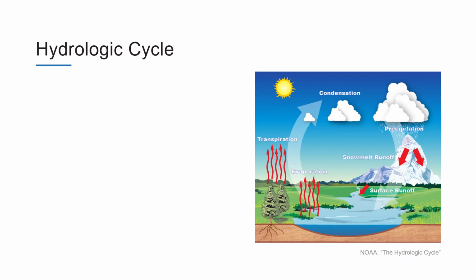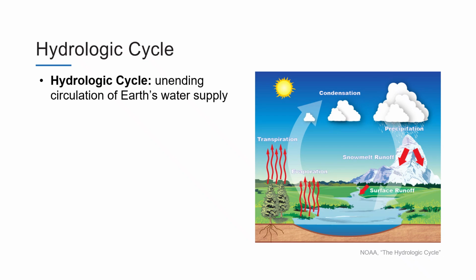So now that we know more about how water works on a really small scale, we can zoom out to how water works in the environment and how it interacts with the atmosphere. We call this interaction the hydrologic cycle, or the unending circulation of the water found on Earth. As we see in the bottom right, liquid water evaporates from the surface into the air.